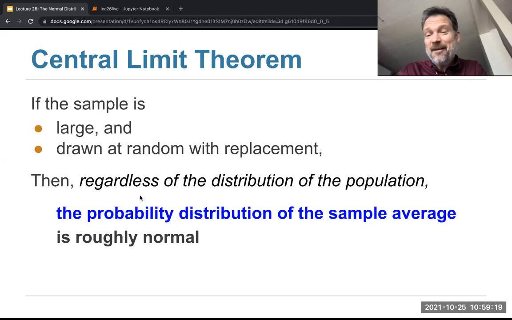So the law of averages is talking about where the center of this distribution is. It's saying it's centered at the population mean. The central limit theorem includes that statement and also tells you that the distribution is roughly normal. And as we'll see next lecture, it also enables you to predict what the SD of this will be.